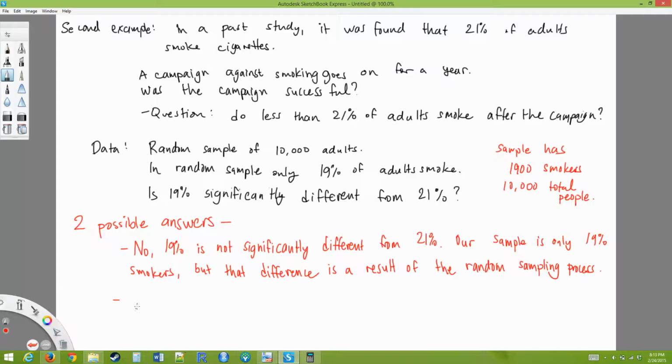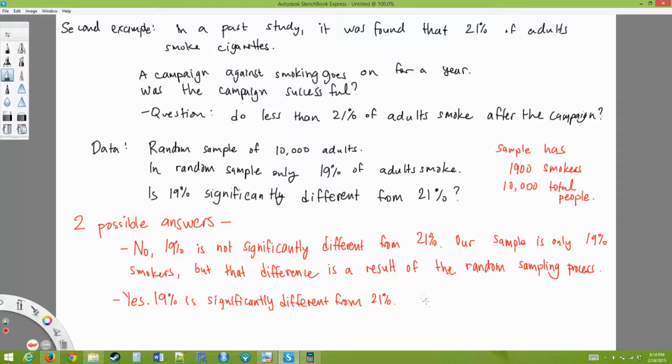And the other possible answer to is 19% significantly different from 21% would be yes. Okay? 19% is significantly different from 21%.